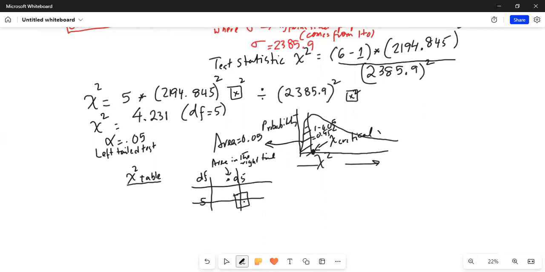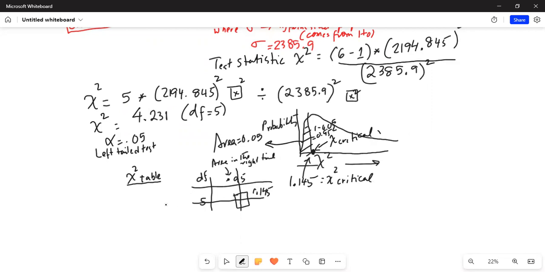My area in the right tail is 0.95. The critical value, the intersection point for the horizontal line drawn through 5 and the vertical line drawn through 0.95, this critical value over here is 1.145. So this critical value is 1.145, chi-square critical.